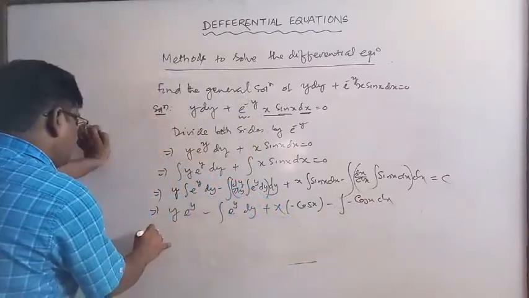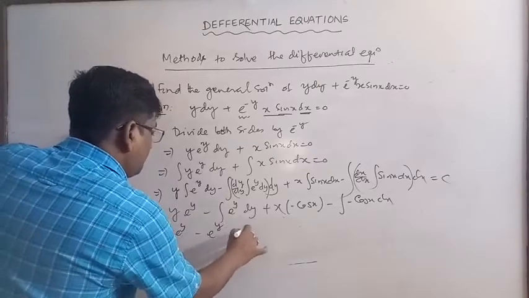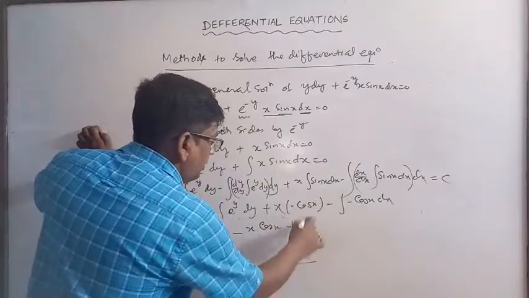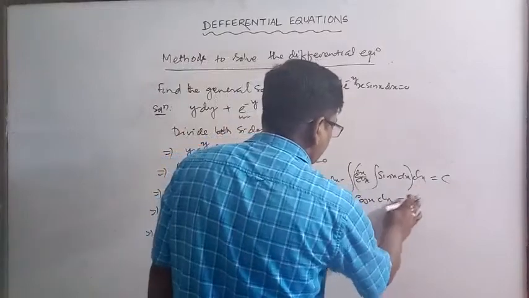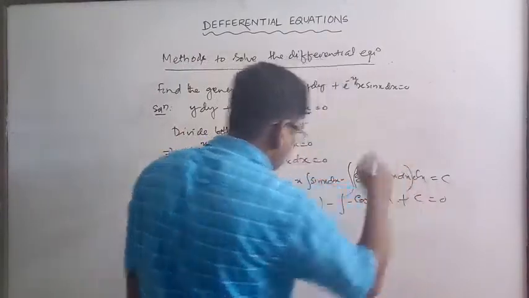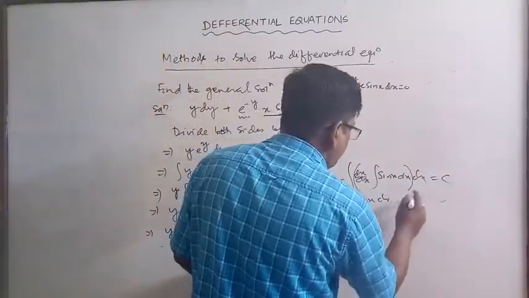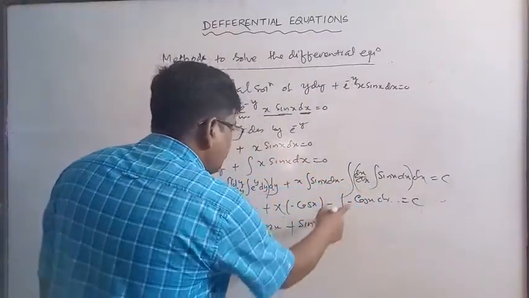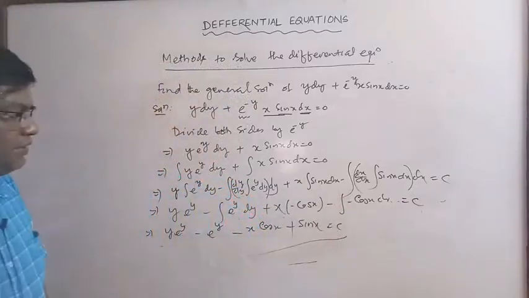So this is equal to y into e to the y minus e to the y, minus x cos x, minus minus plus, and this is sin x, is equal to c. Okay, or plus c is equal to 0, or you can write c, nothing but this is c, or plus sin x is equal to c. This is the solution of the differential equation.